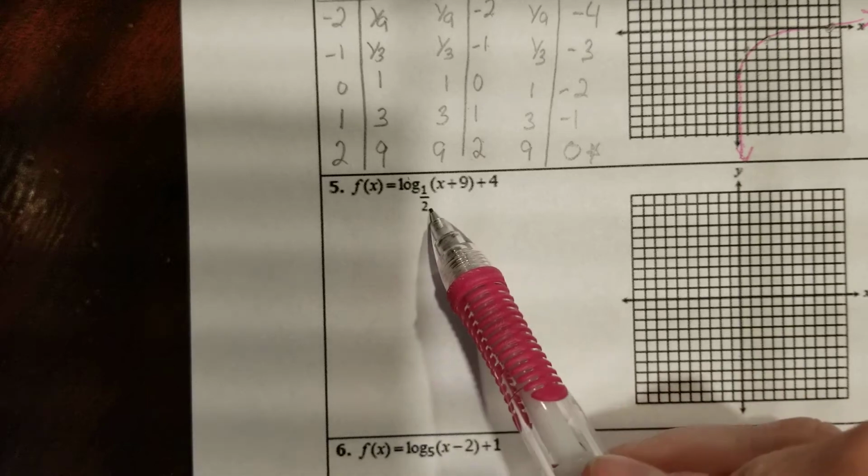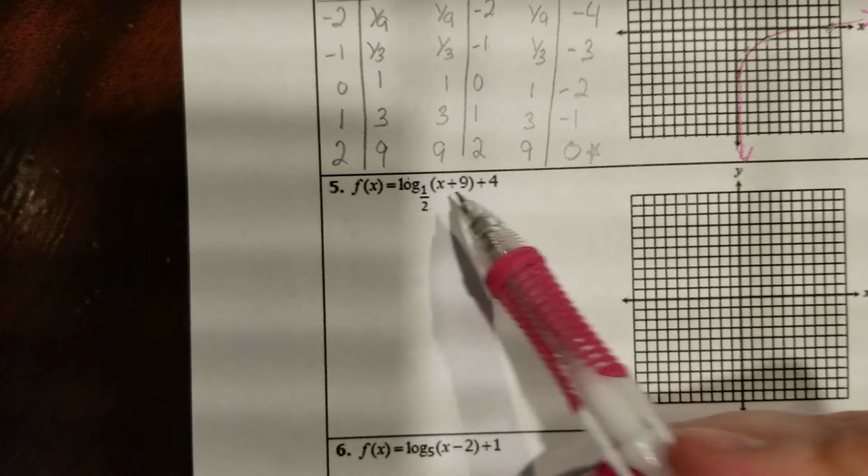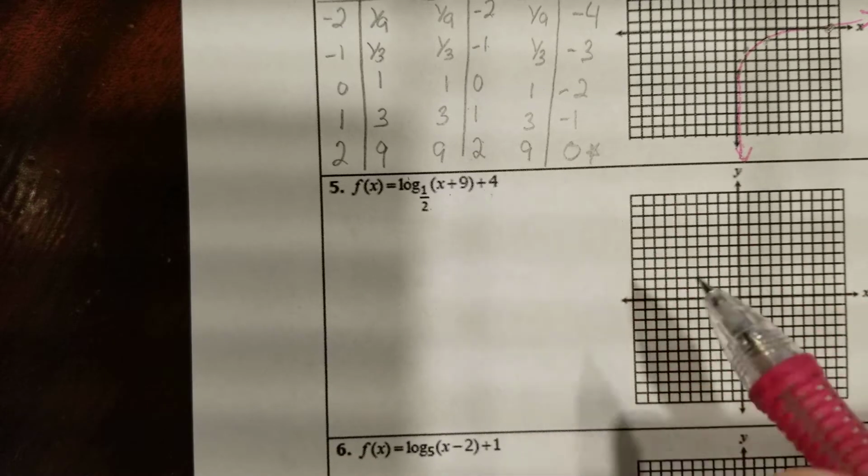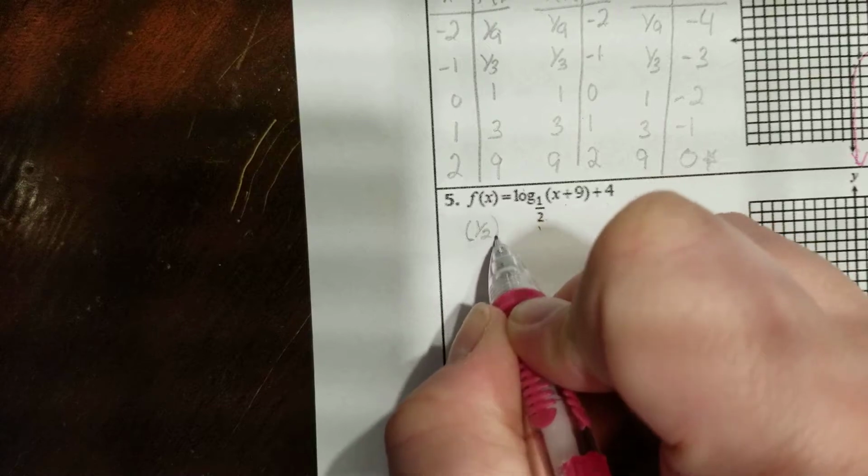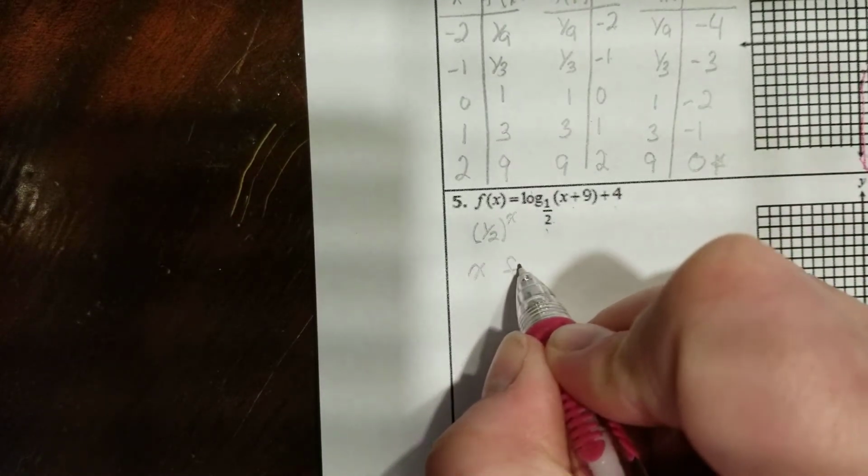All right, so number 5, we have log base 1/2 of x plus 9, plus 4. All right, so let's just start with our exponential function and do 1/2 to the x power. All right, so we have x and f of x.